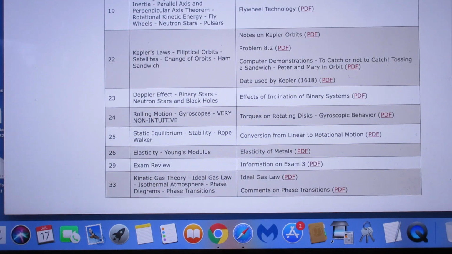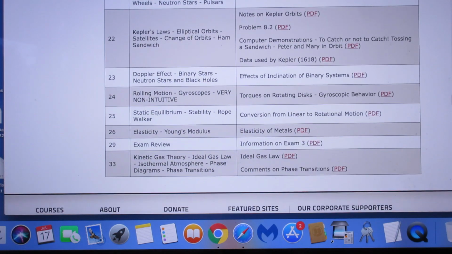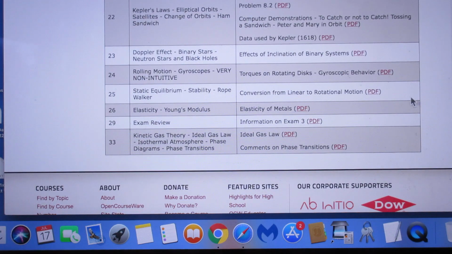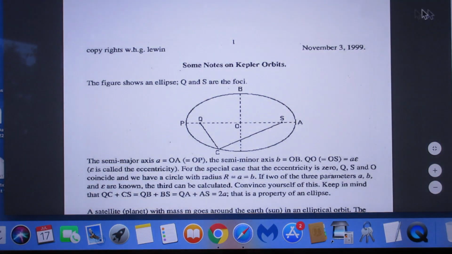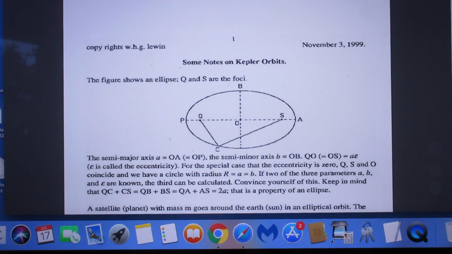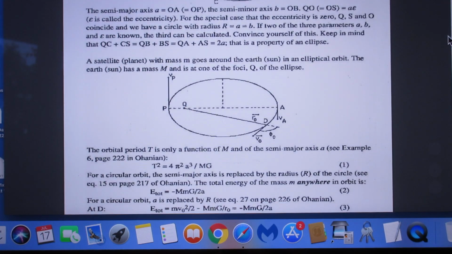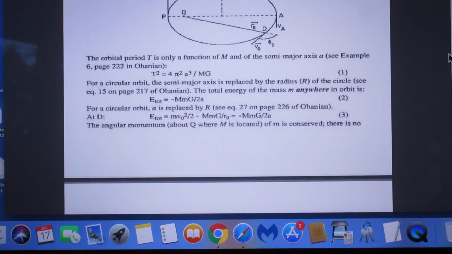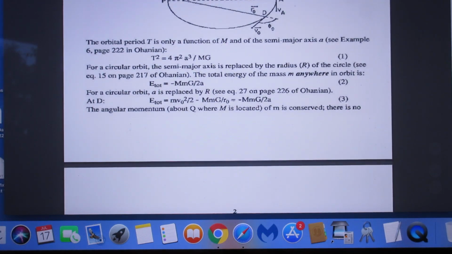Where are we? Flywheels, okay. Lecture 22, Notes on Kepler Orbits. Oh, this is a very important handout. Very important. So I'll show it to you. Of course, I covered this in my lectures, but you didn't see during the lectures these lecture notes.